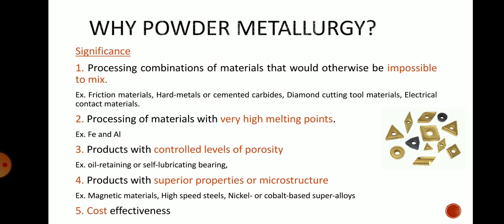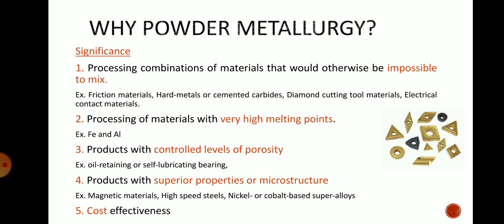There are some materials which are difficult to mix by these processes. In that case we have to use powder metallurgy. Friction materials, hard metals or cemented carbides, diamond cutting tool materials, and electrical contact materials have to be prepared by the powder metallurgy method.